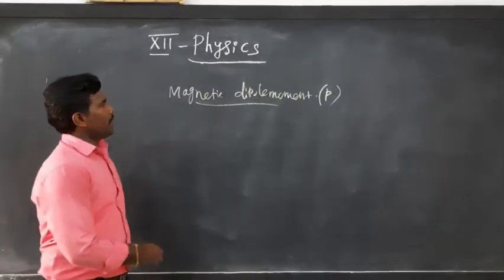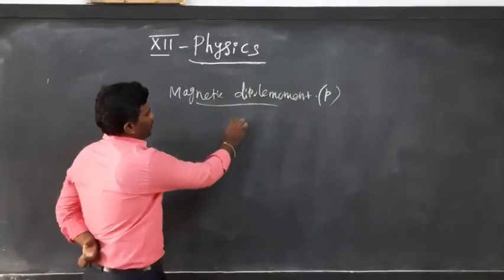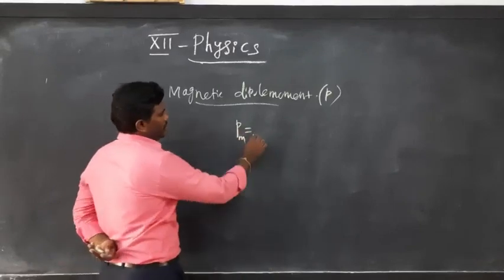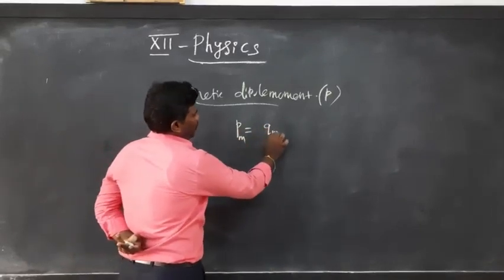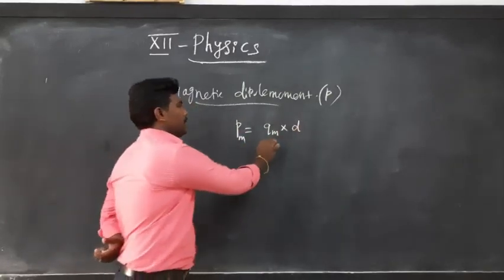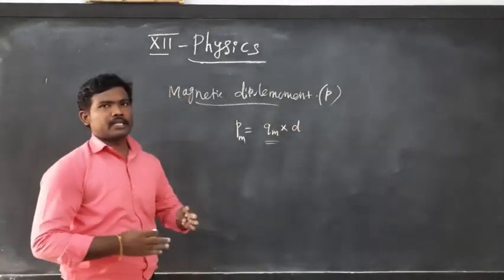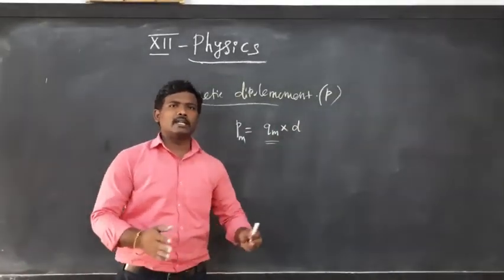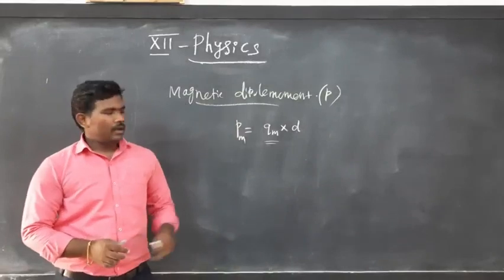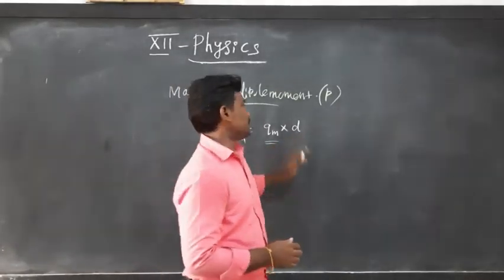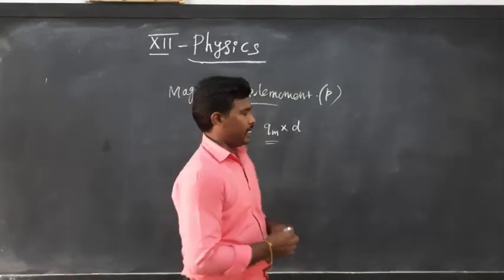The formula for magnetic dipole moment is Pm equal to Qm multiplied by D, where Qm is the magnetic strength and D is the distance between the poles of the magnet.